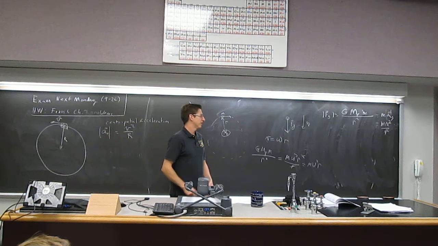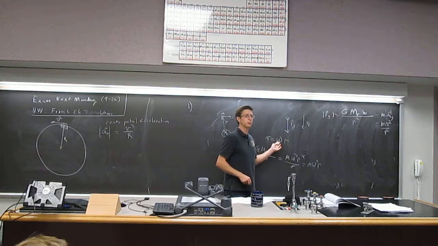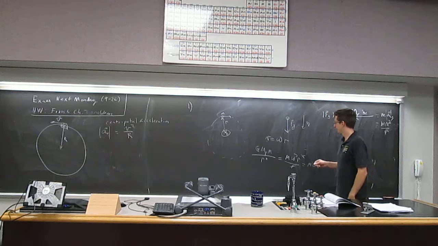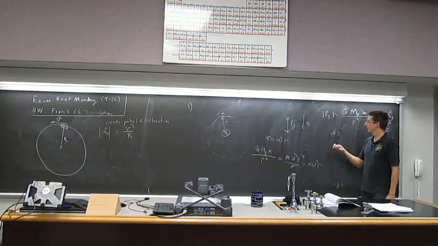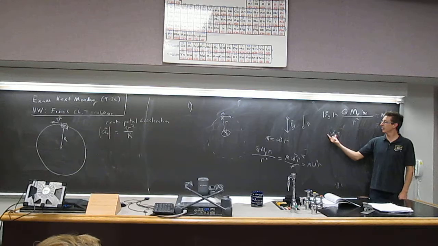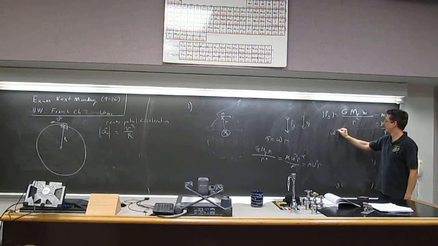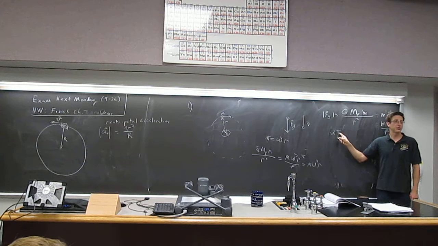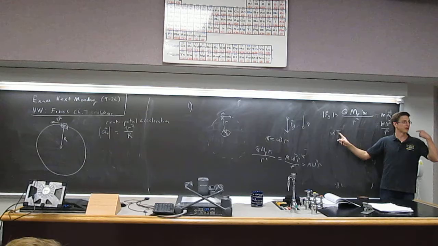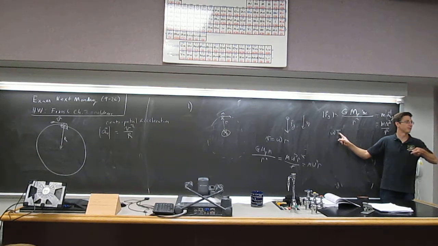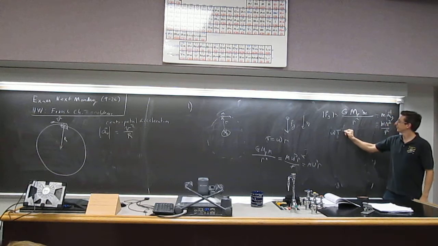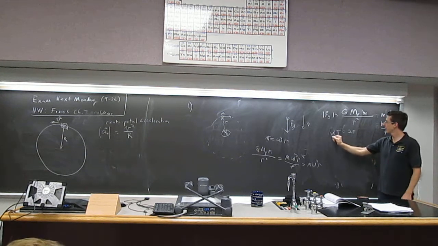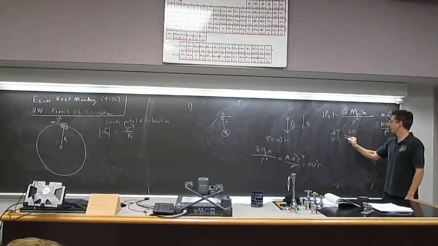Now, do you guys remember the relation between angular velocity and period of motion? So it takes omega times the period. This is radians per second times a period. That in a period it goes 2 pi radians, right? Because that means it goes all the way around. So this would be 2 pi. And so omega is 2 pi over the period of motion.